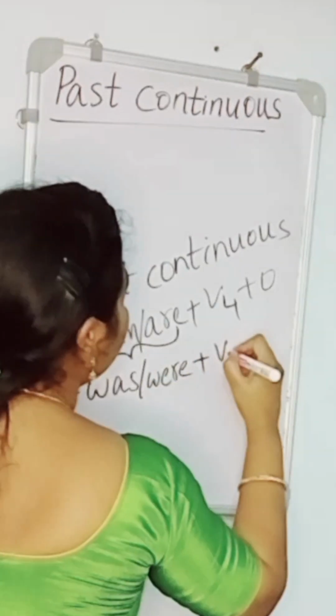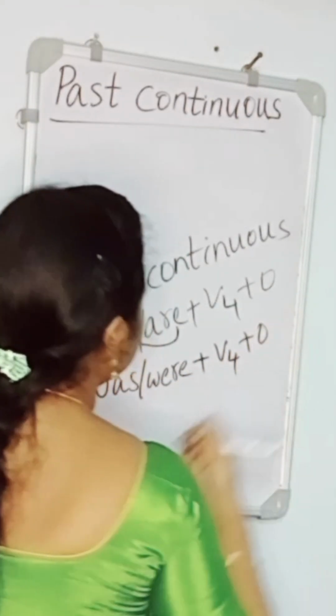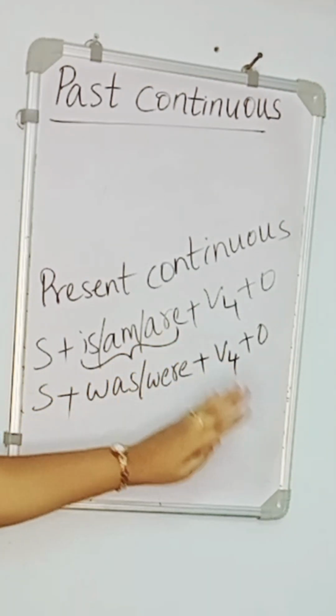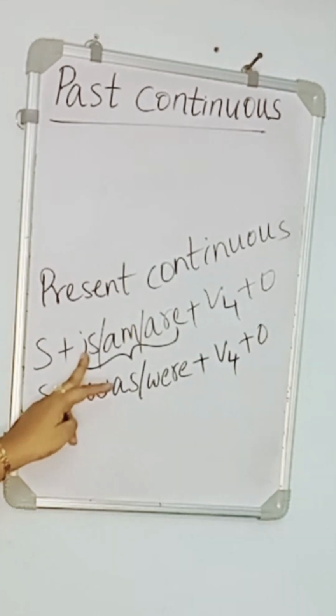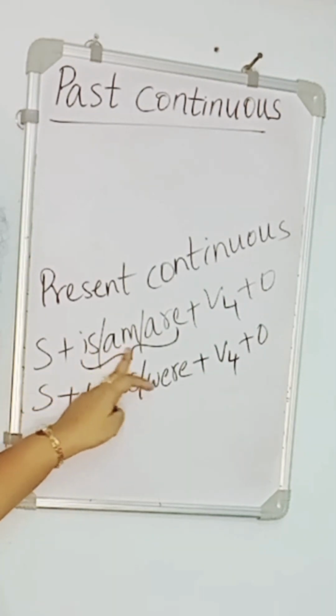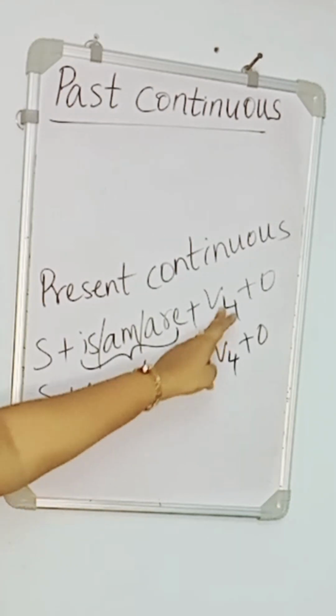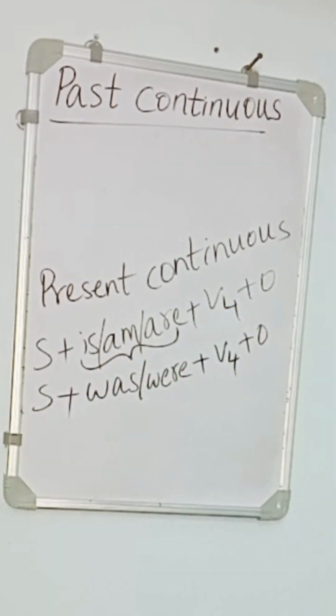Next, V4 is same, object is same. Subject is same, just the helping verbs are changed. Here we have to use is, am, are, but here we have to use was and were.